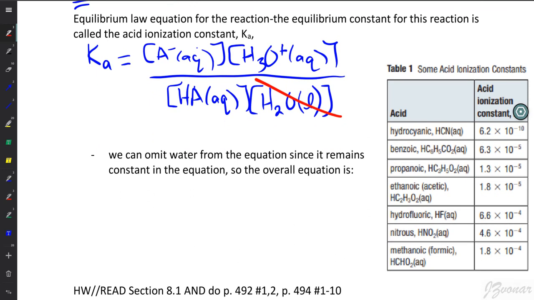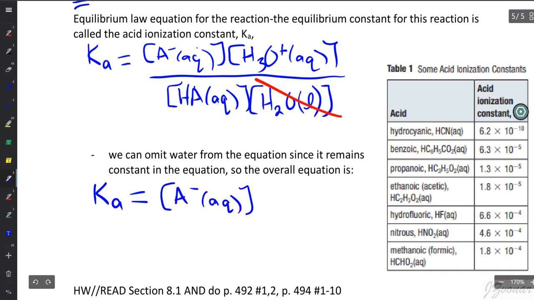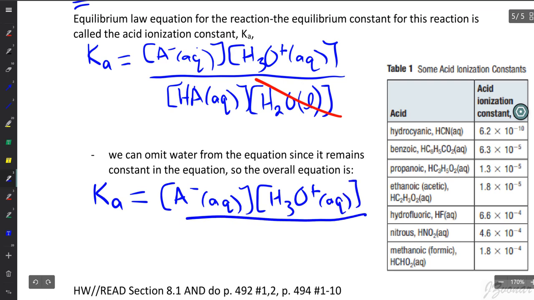So hence then, my equilibrium law expression here to find Ka is generally always going to be the anion that results times the hydronium ion that forms over my acid HA in this case.